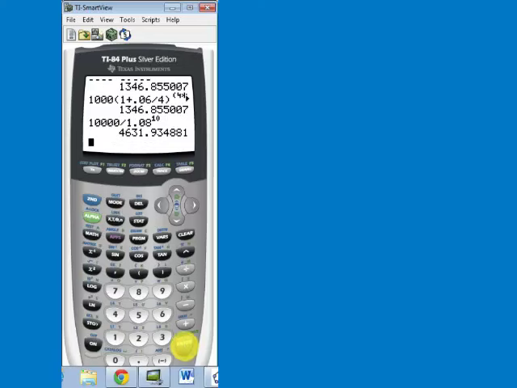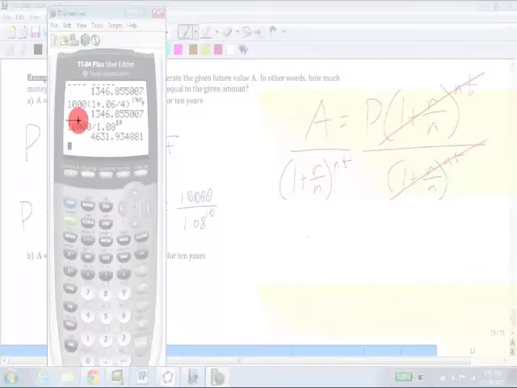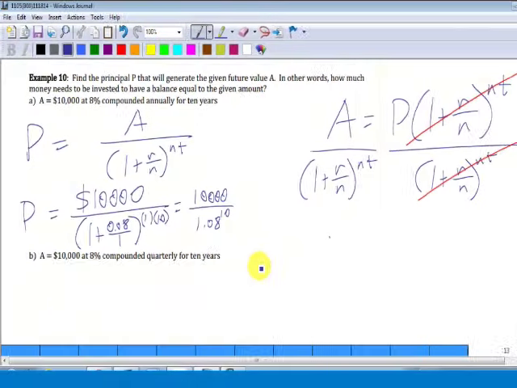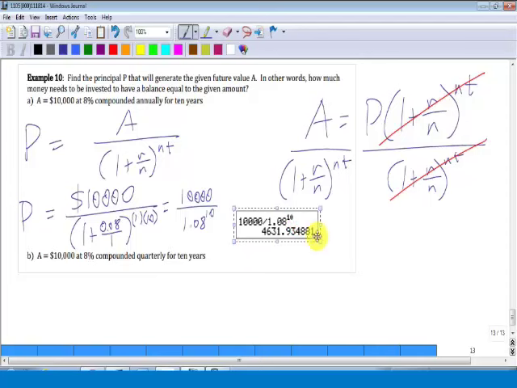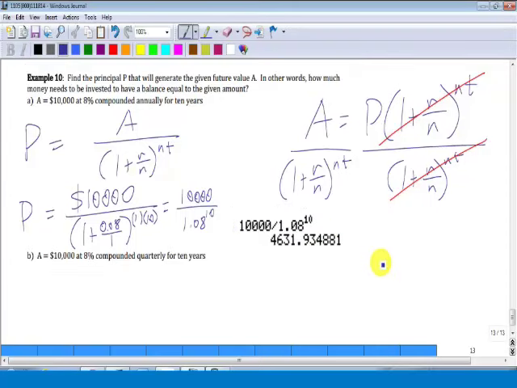Okay, so at an 8% interest rate, evidently the value is going to more than double in that 10-year time span. So if we'll just set aside $4,631.93 right now, maybe 94 cents just to be on the safe side, wait 10 years, come back, and I don't know what inflation will have done to the value of that $10,000 in 10 years, but at least the balance will be $10,000.